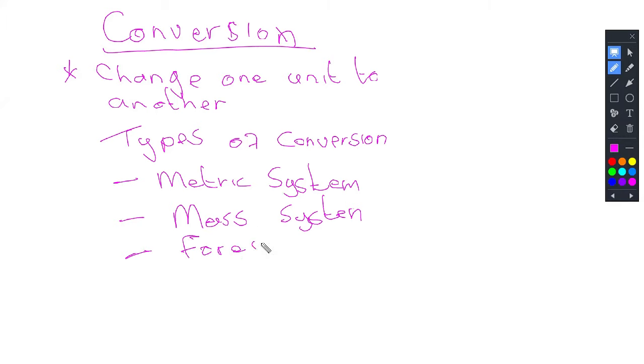Sorry guys for that. Foreign exchange is when we change one currency to another. So it's when we change money. So these are the types of conversions that we have as Maths Lit students.